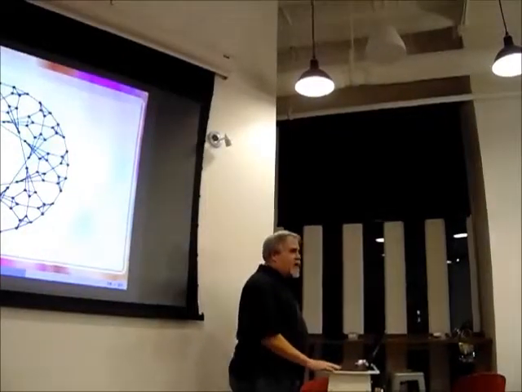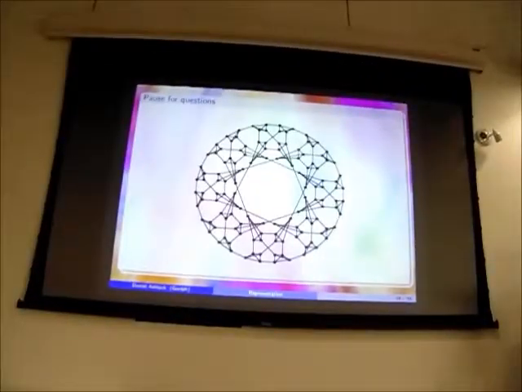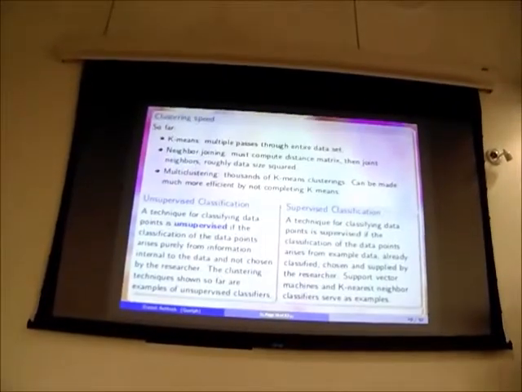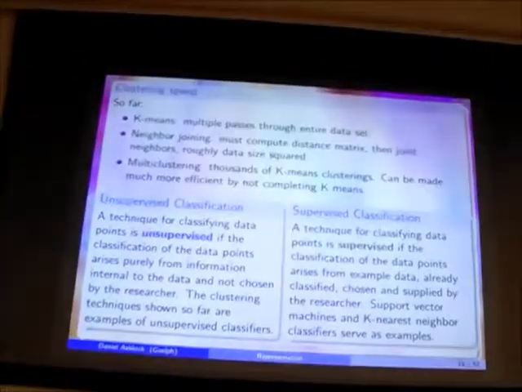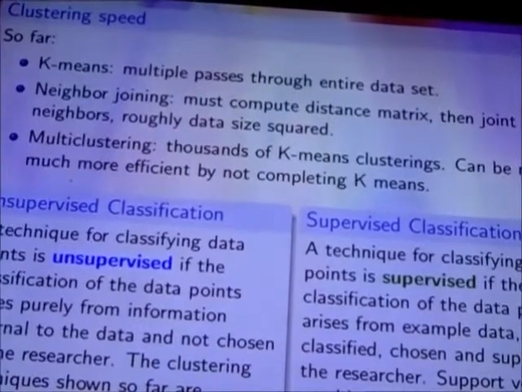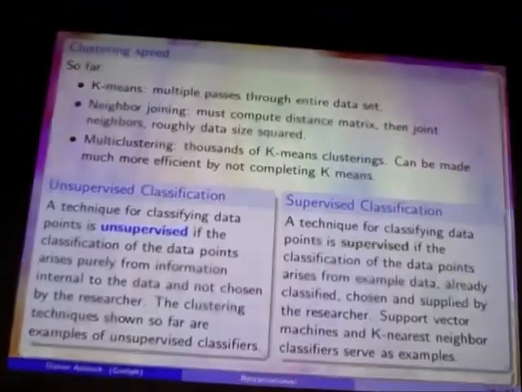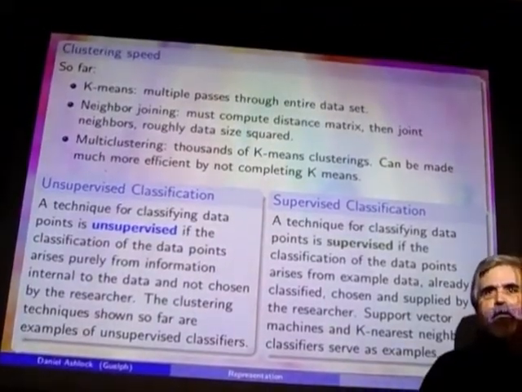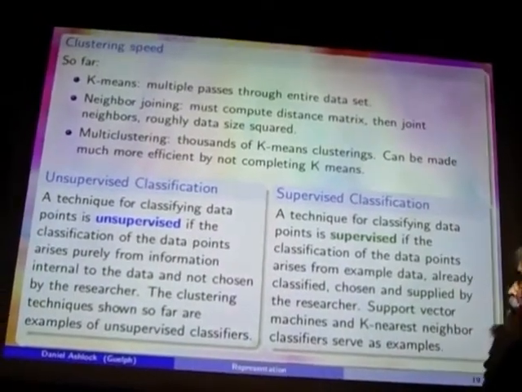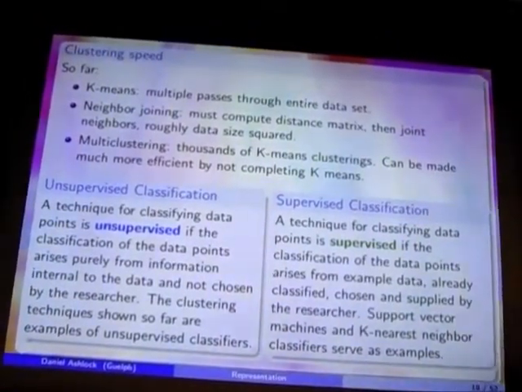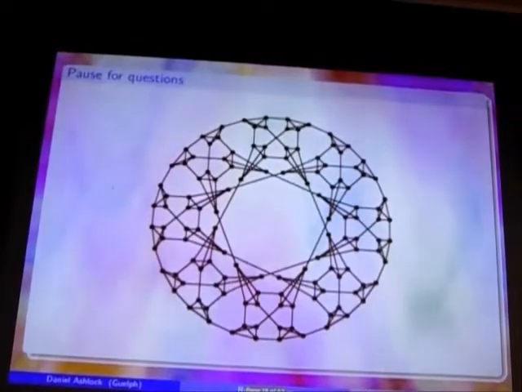A different one. Anyone else? Okay. So, clustering speed. Question. Oh, sorry. How did you go and organize those optimizations on that previous screen you did there? How did I organize them?